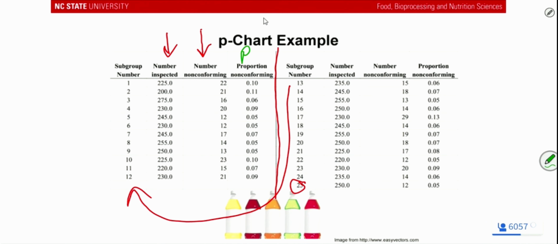This is P. P equals 22 divided by 225. It's actually 0.098. But you get the point. We rounded up for this example. That's how to get P, individual P, not the average P, not the P bar.